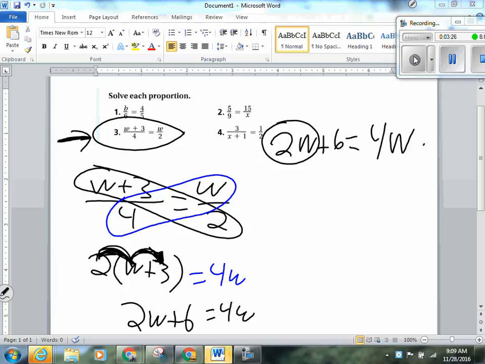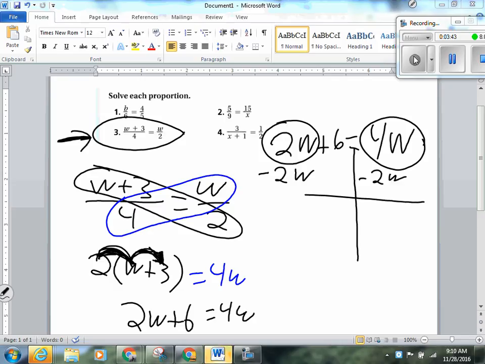Number with the letter, we have a wall. Remember the rule, we move the smaller one. So this is a positive 2w, so I want a minus 2w, not 4, 2w. And minus 2w to this side.